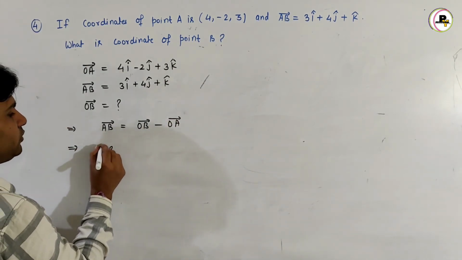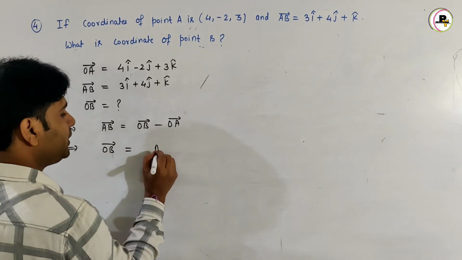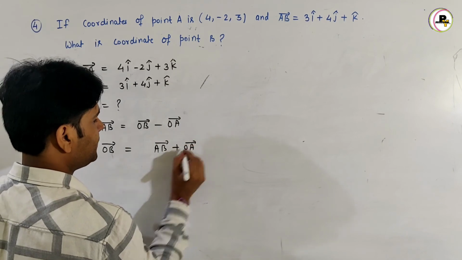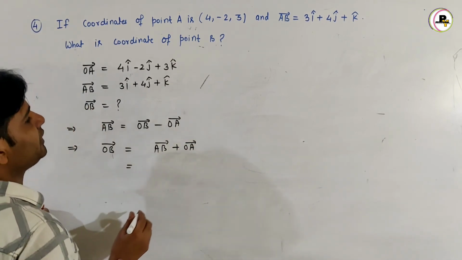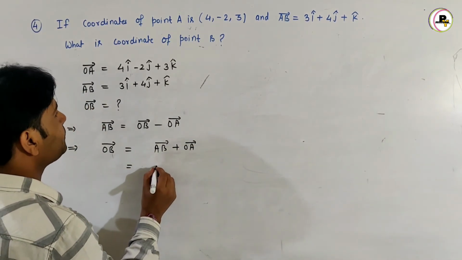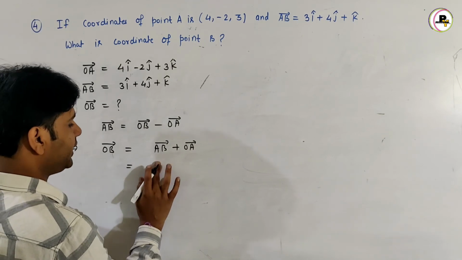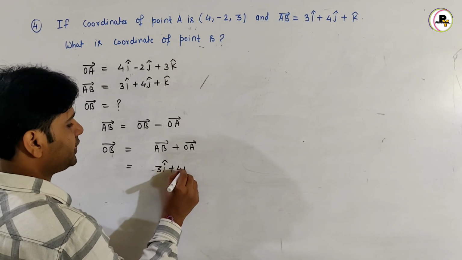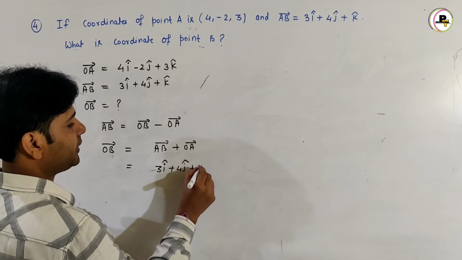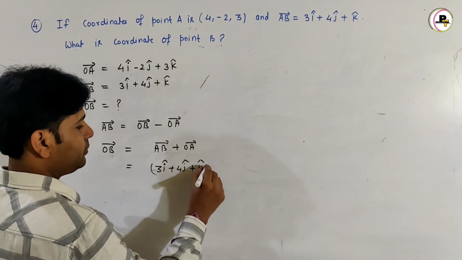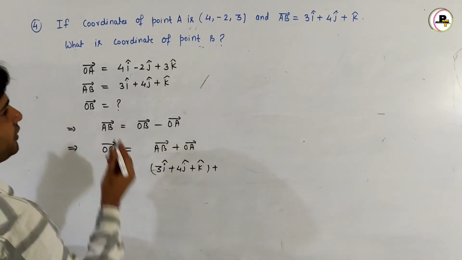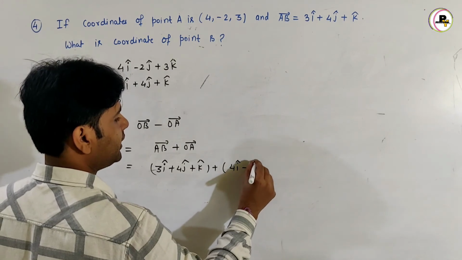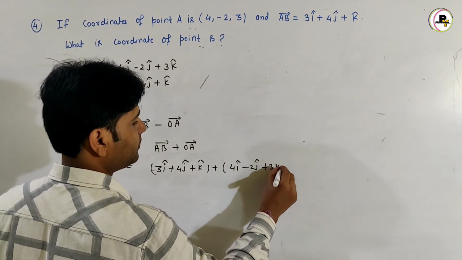OB vector is equal to AB vector plus OA vector. Now substituting the values of AB vector and OA vector, I can write here 3 i cap plus 4 j cap plus k cap, plus OA vector, which is 4 i cap minus 2 j cap plus 3 k cap.